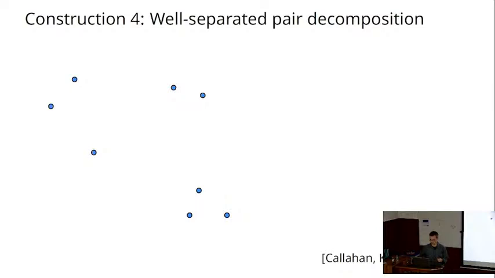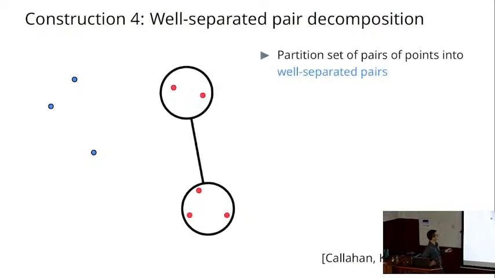And the final construction that I want to show you for general spanners: the well-separated pair decomposition. This is fairly difficult to explain in less than a minute, but the general idea is that you look at all pairs of points and partition this set of pairs into well-separated pairs. So you have these 2 points and those 3, so these 6 pairs of points are now separated in this well-separated pair, whatever that exactly means.